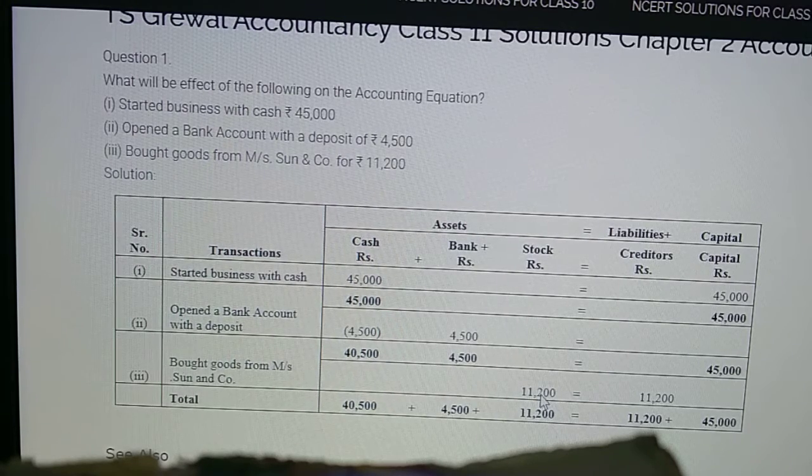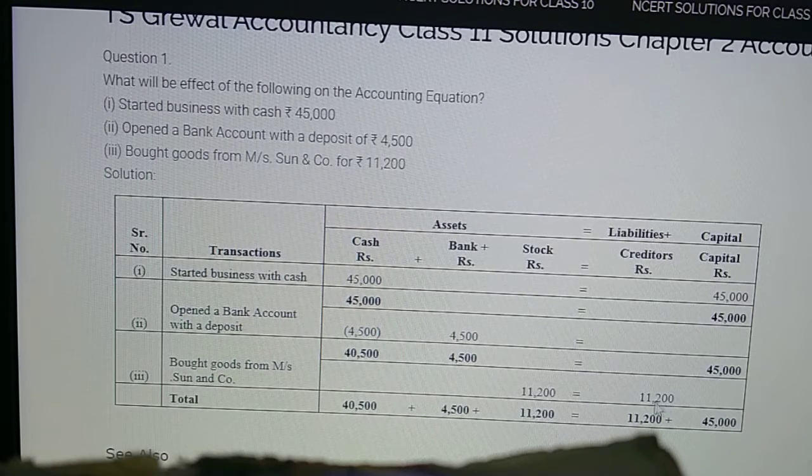Maybe you will pay tomorrow, the day after tomorrow, or a week later. This is the complete term and condition between buyer and seller. So this is your liability. This is the reason the liability has a statement known as creditors. The person we need to pay is known as a creditor. So we have written here creditors 11,200.